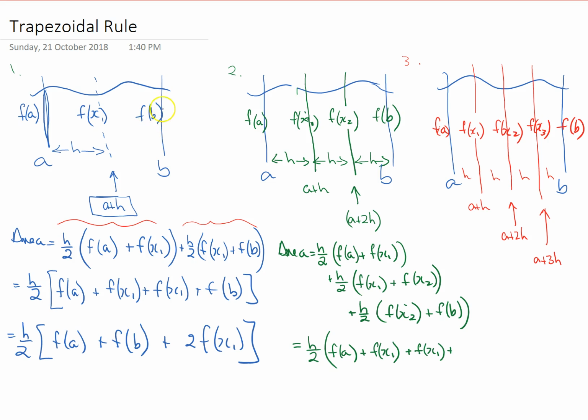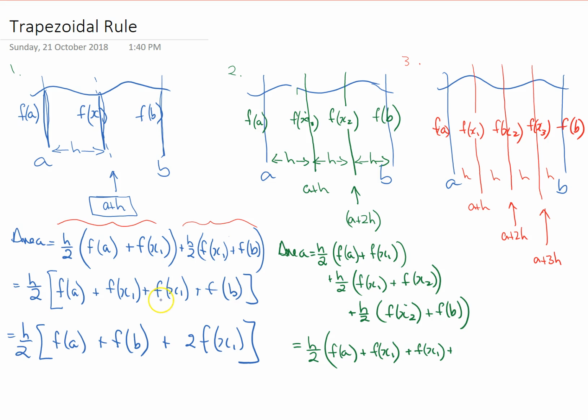And then I've called this, the outer limit, f of b. So we want the parallel sides for the first one, which are f of a and f of x1, and for the second trapezium, f of x1 and f of b. Now, I've taken h on 2 out of these two terms, put it out the front, and I'll have f of a, f of x1, f of x1, plus f of b.